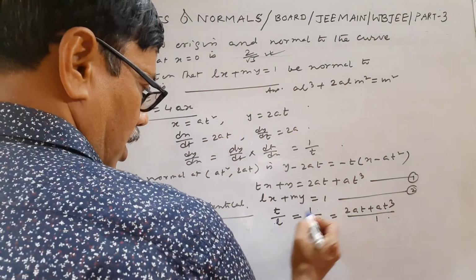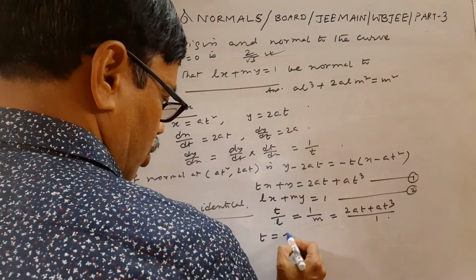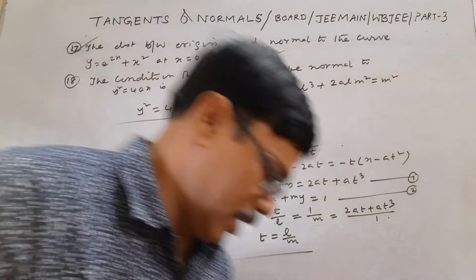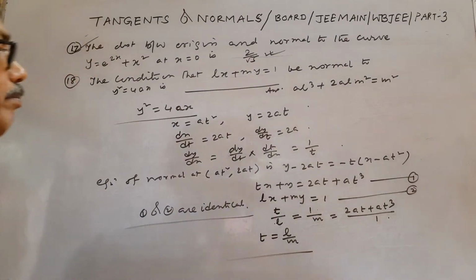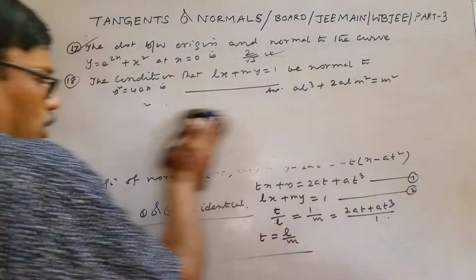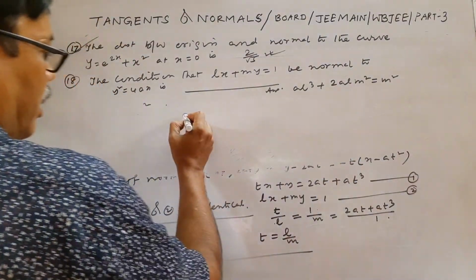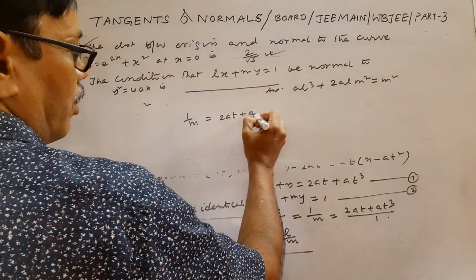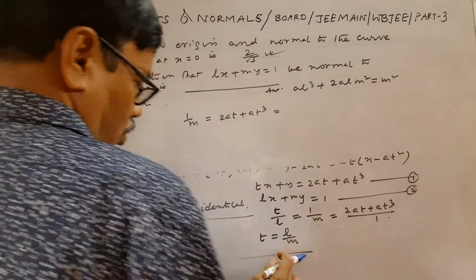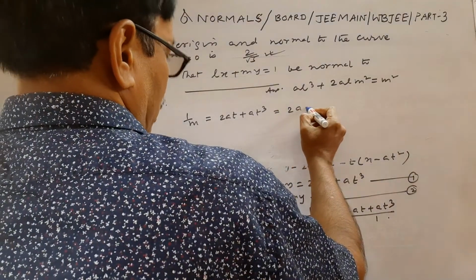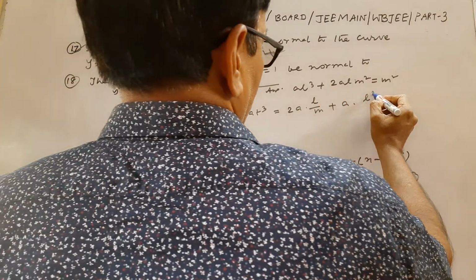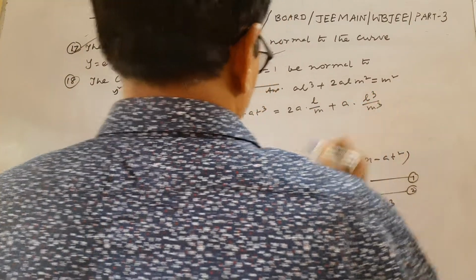So what is t? From the first two relations, t equals L by m. Now, considering second and third, 2at plus at cube. So what is t? 2a into L by m plus a into L cube by m cube.